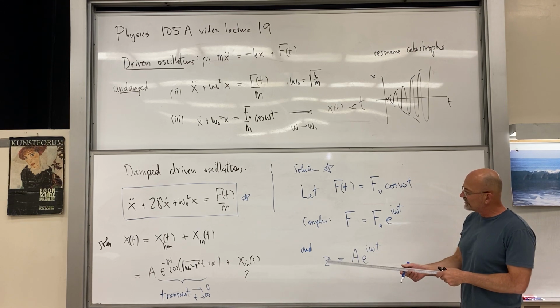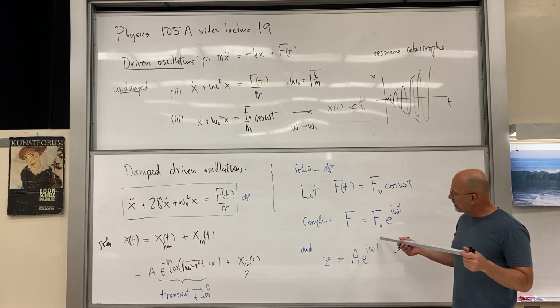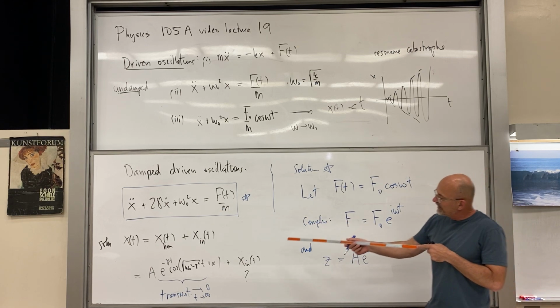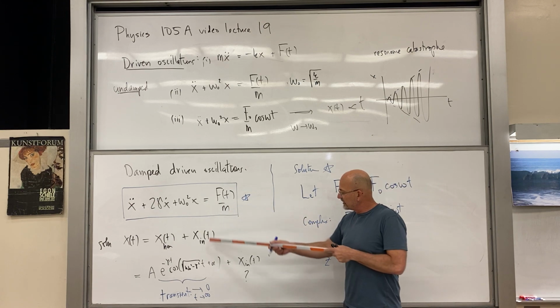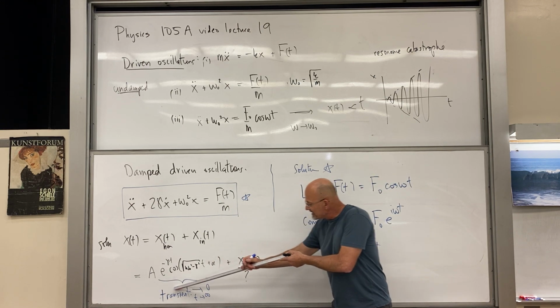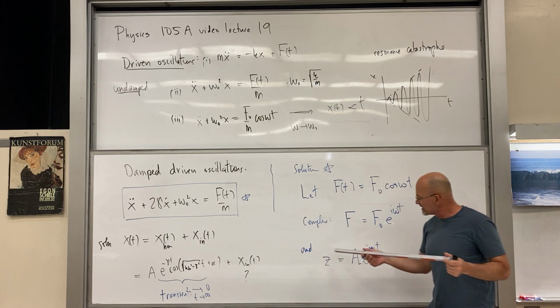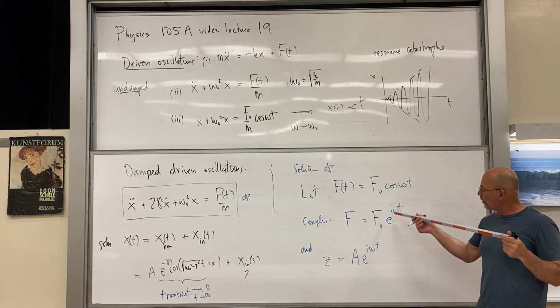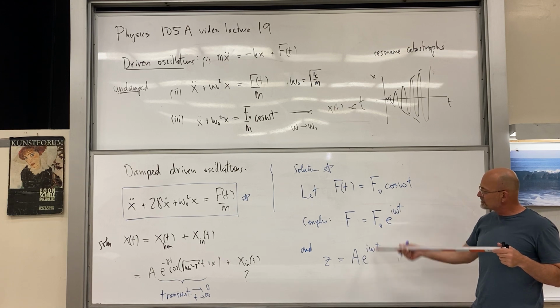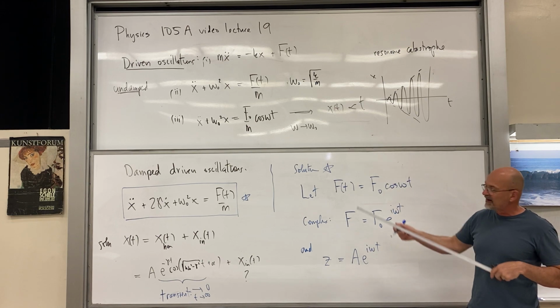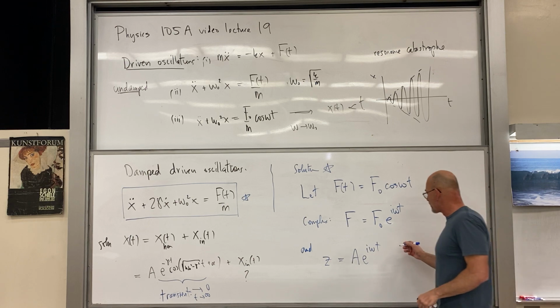What we're claiming, and we're going to prove it in a moment, is that when you drive a system like this, after the transient dies away, the system is now oscillating with the driving frequency. Okay. So that's the assumption that's being made here. It'll be justified as we go through here. I'll put this as a note.